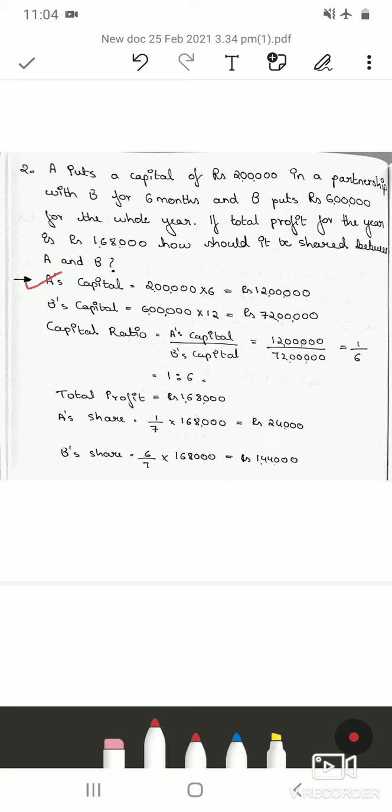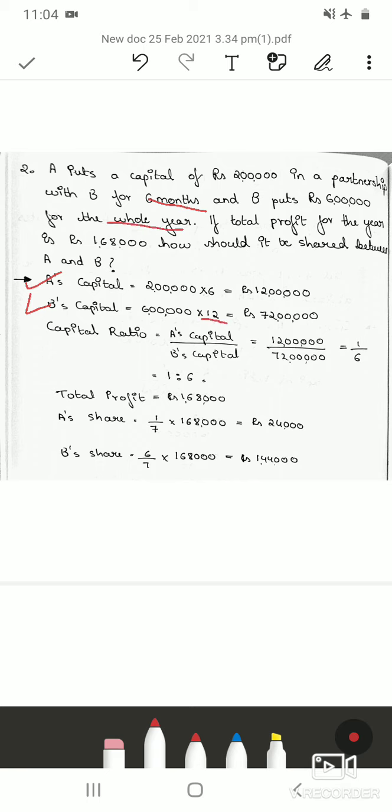So first they have given A's capital, which is 2 lakh rupees, and he invests it for 6 months. So A's total capital will be 2 lakhs into 6, because for each month he is contributing a capital of rupees 2 lakhs. So A's capital will be 12 lakhs rupees and B's capital will be 6 lakh into 12.